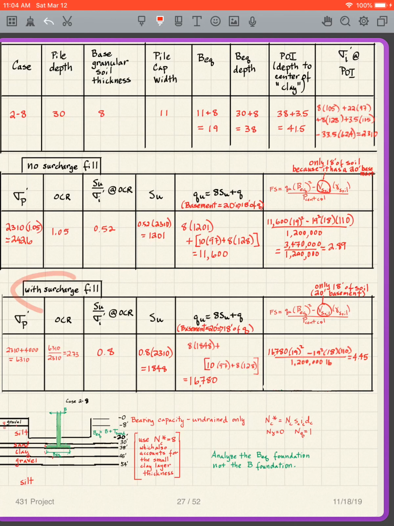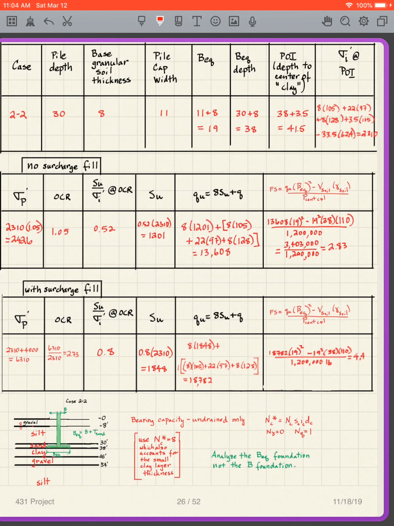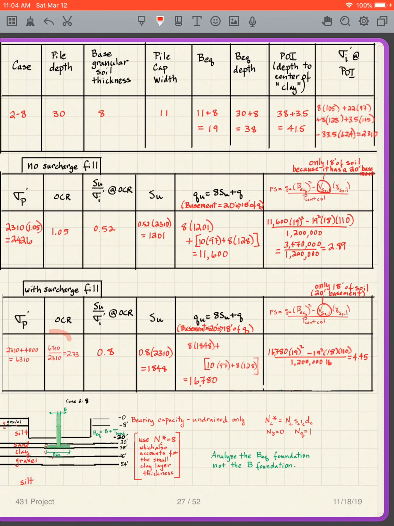And then when we do it with the surcharge fill, again, this is the same. Now I take this and it goes down to here. And we end up with 16,780 for the QU.